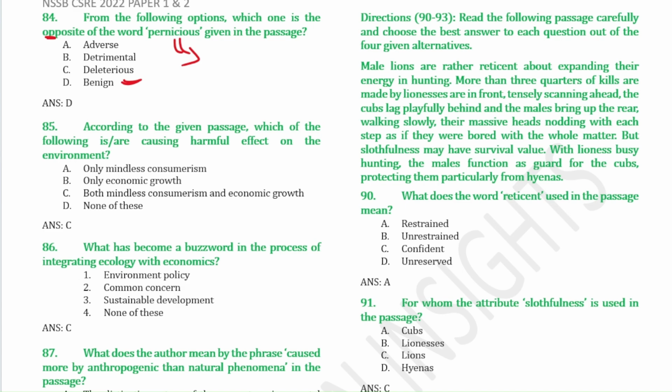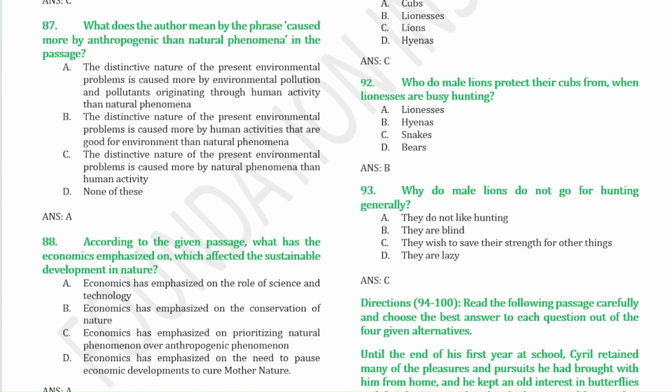According to the given passage, which of the following is or are causing harmful effect on the environment? So both mindless consumerism and economic growth. What has become a buzzword in the process of integrating ecology with economics? That is sustainable development. 87. What does the author mean by the phrase caused more by anthropogenic than natural phenomena in the passage? It means the distinctive nature of the present environmental problems is caused more by environmental pollution and pollutants originating from human activity than natural phenomena.